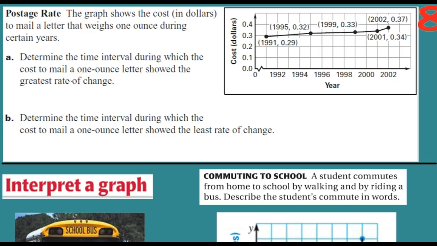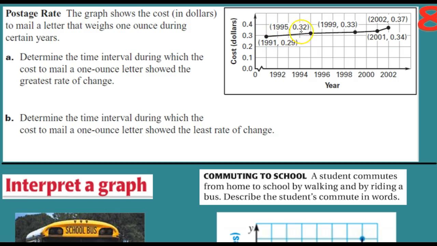We have a couple graphs here. It says, the graph shows the cost in dollars to mail a letter that weighs 1 ounce during certain years. Determine the time interval during which the cost to mail a 1 ounce letter showed the greatest rate of change. So if we're looking at our graph here, the greatest rate of change is going to be a steep line.